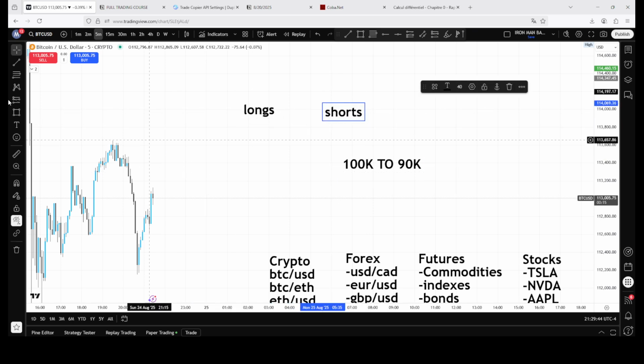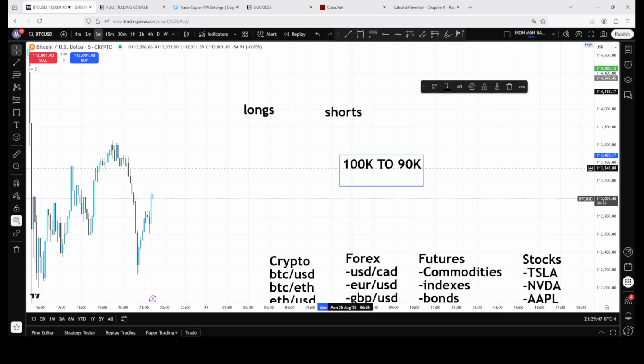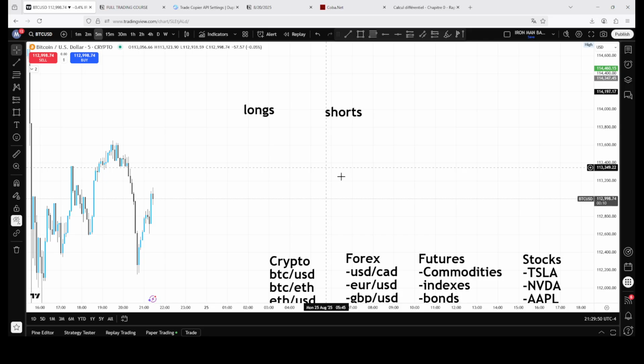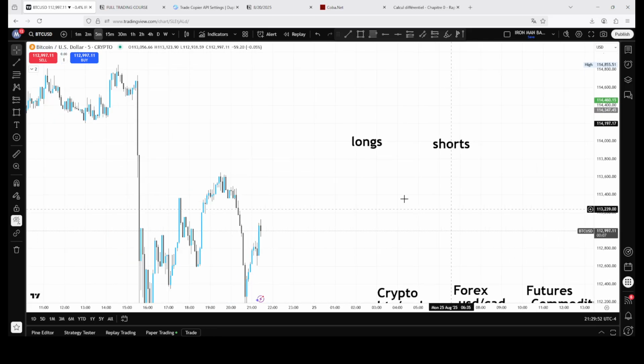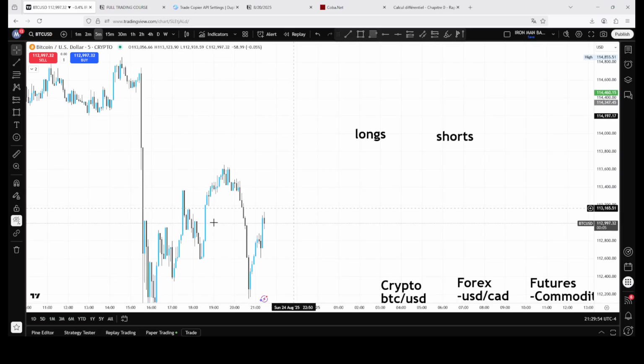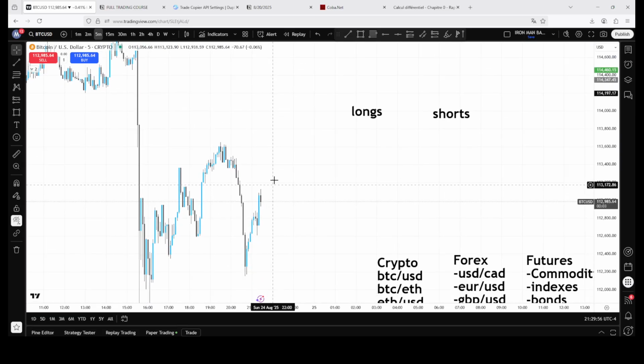Okay, longs are obviously easier. You just buy. But those are the two different ways you make money in the market. And traders, what they do is they try to predict the direction the market will take and where and when will it take it. So that's your whole job as a trader, right?